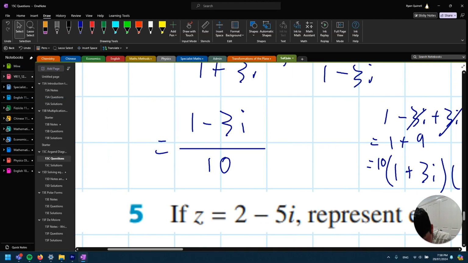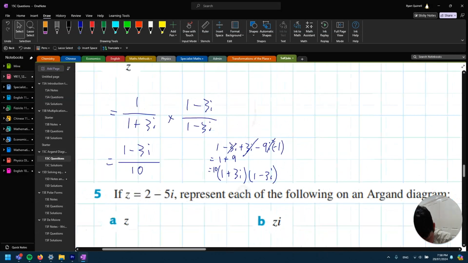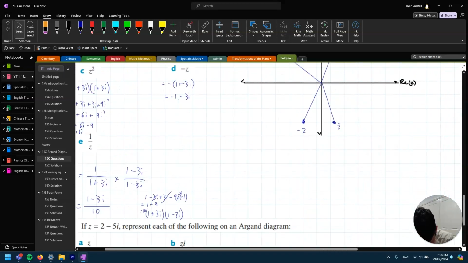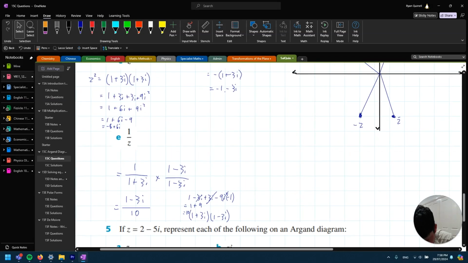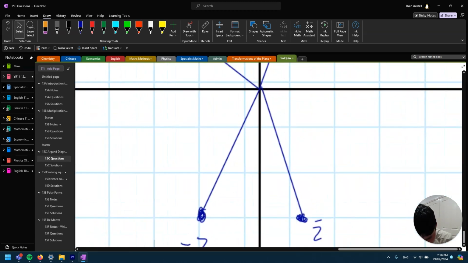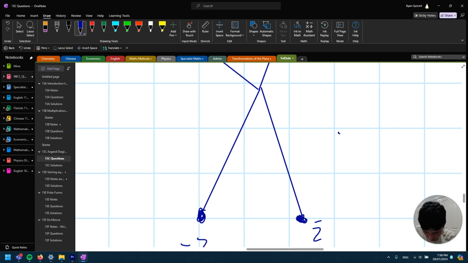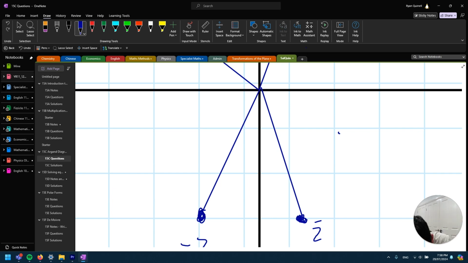So 1 plus 3i over 10, so 1/10 in this direction here, and 3/10 down, close to here somewhere. That's 1 over z.